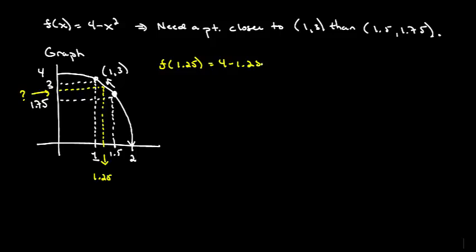Well, this will give us the height value. So we'll take 4 minus 1.25 squared, and if we do the computation, 1.25 squared gives me 1.5625, and so if I do the subtraction there, I get 2.4375.